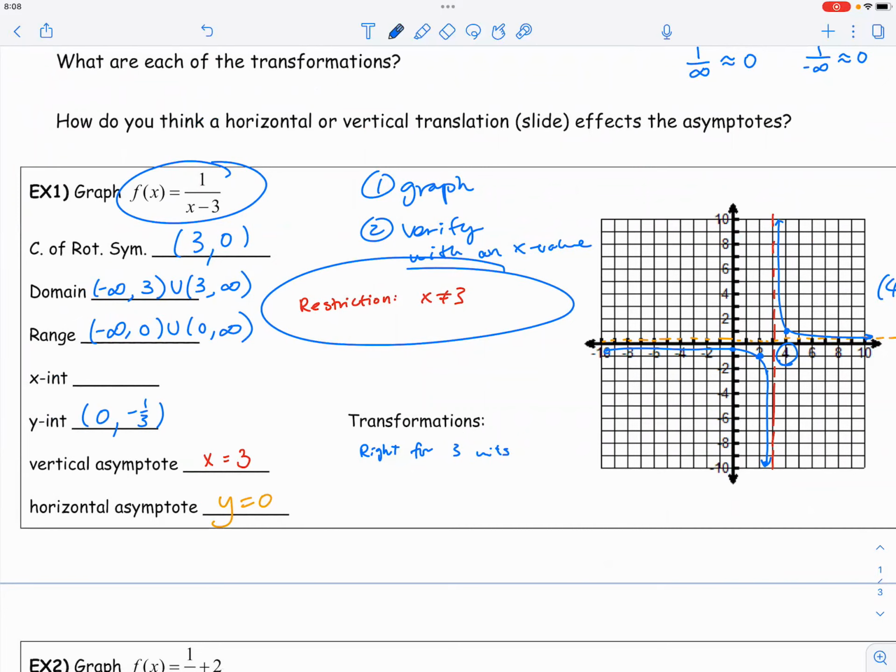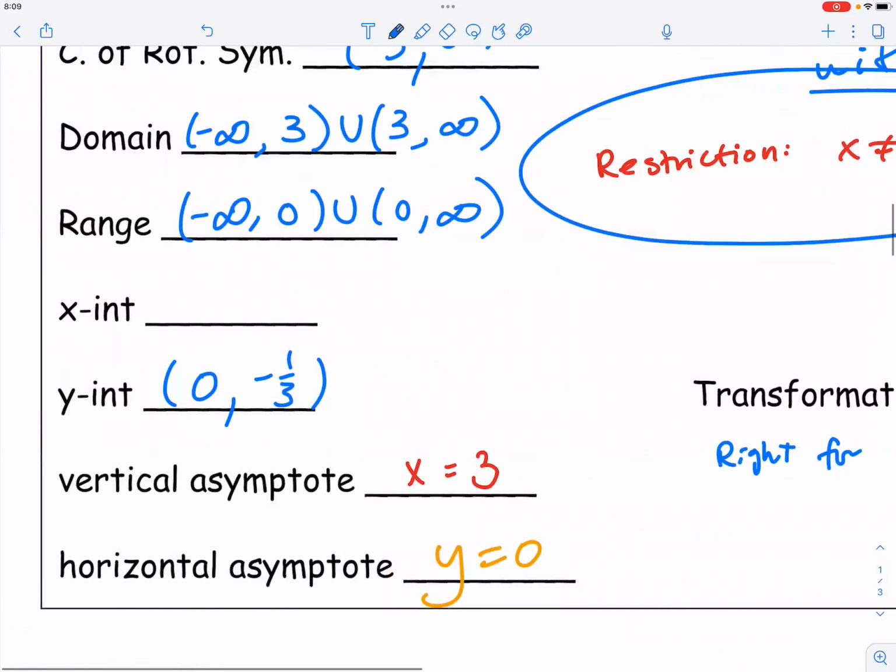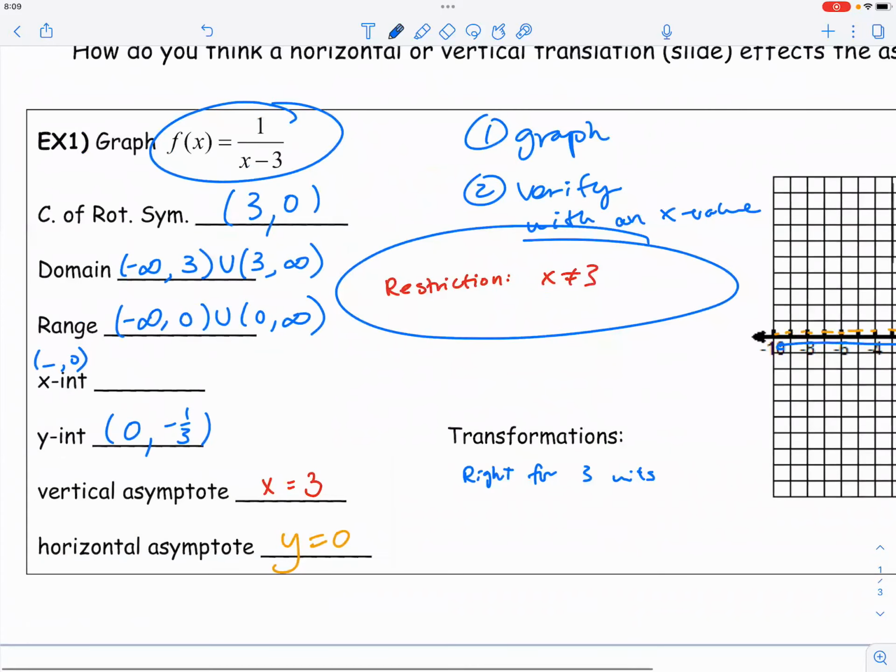Okay. Now for the x-intercept, I'm going to do this here, because I don't want to ruin your drawing. For the x-intercept, it's when y goes to 0, right? Now, let's think about this. We have a simple fraction right here. Think about if 1 over x minus 3 equals 0.